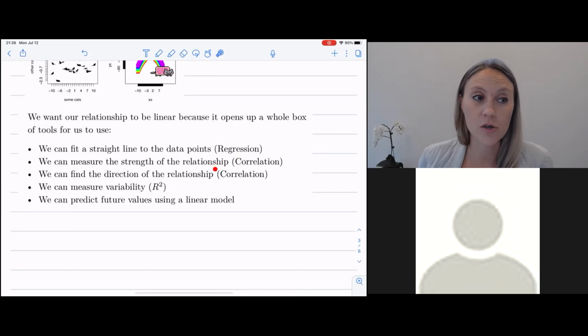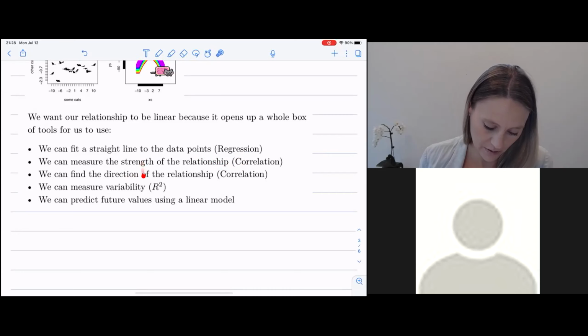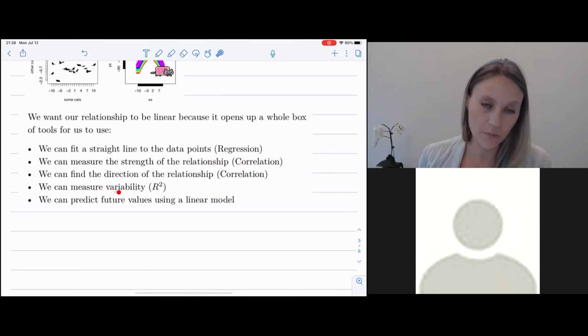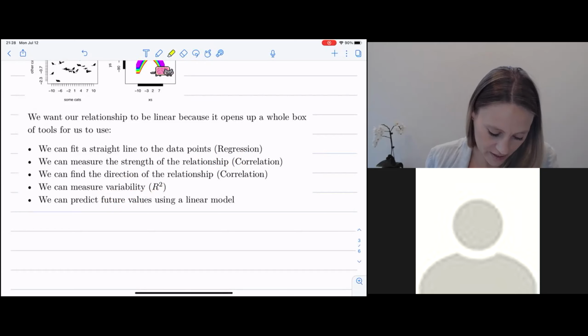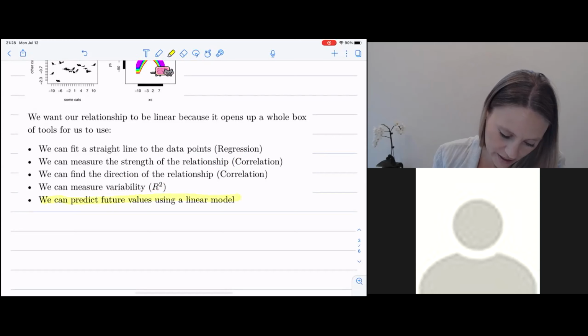We can measure the strength and the direction of the relationship, and that's the correlation. We can measure the variability, which is going to be with R squared. We haven't introduced any of these yet, but it's good to see where we're headed. And of course, we can predict future values using a linear model. And so this is kind of why we're here.